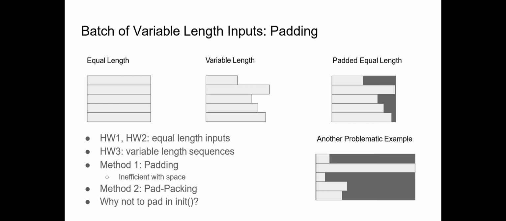We don't have any, right? So the longest utterance in the dataset or the batch, that's what I was going to talk about in the next point. So this is the one thing: if we pad in init, which means that we are padding for the whole data.